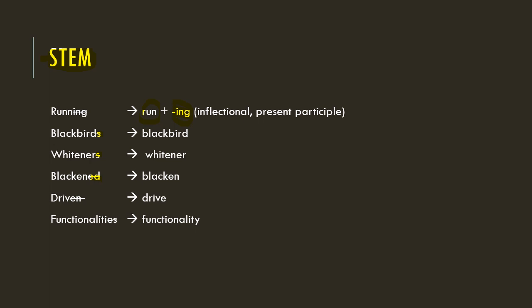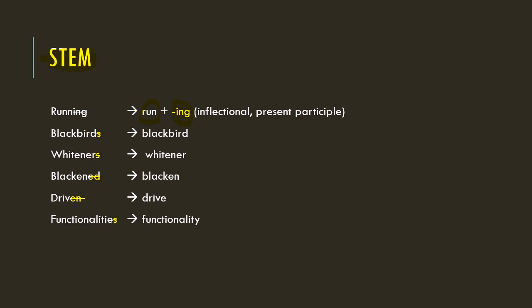So the stem of the word blackened is to remove the inflectional affix, so it becomes blacken. And then driven, you can eliminate the inflectional affix en. So the stem of driven is drive. The last one, functionalities, you can simply eliminate the plural sign here, and it becomes functionality as the stem.